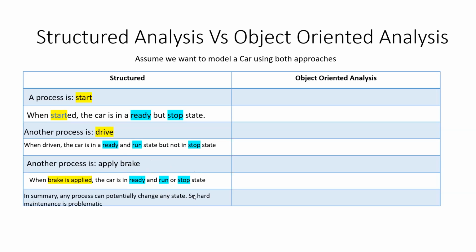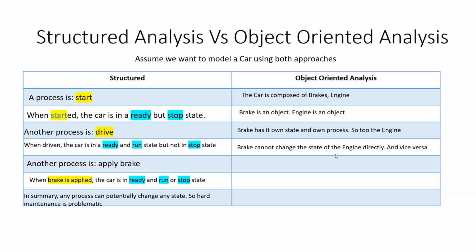Now let's compare that with respect to object-oriented analysis. Here we can think of the car as being composed of brakes and an engine, so a brake object and an engine object. A brake will have its own state and its own process, and the engine will have its own state and process too.